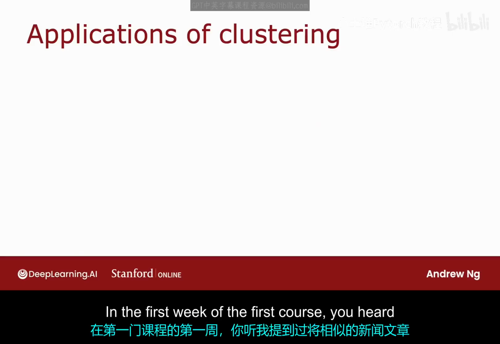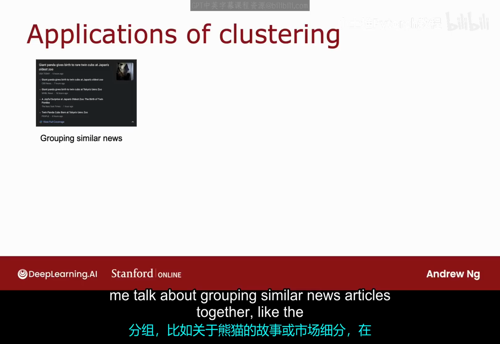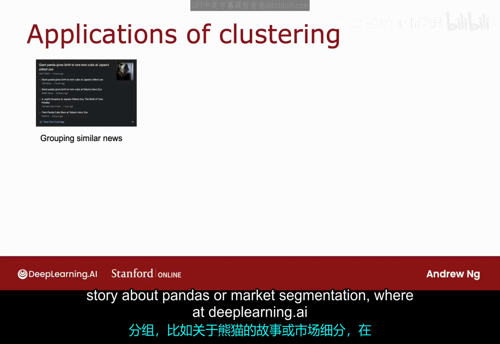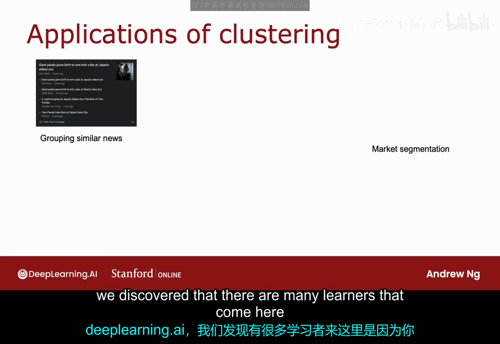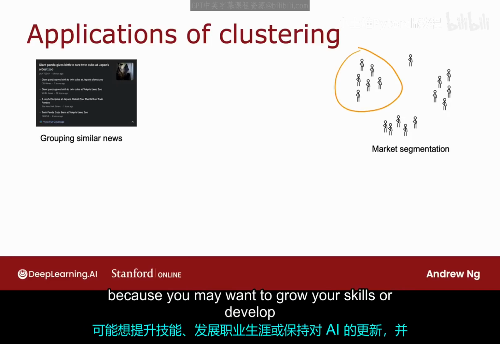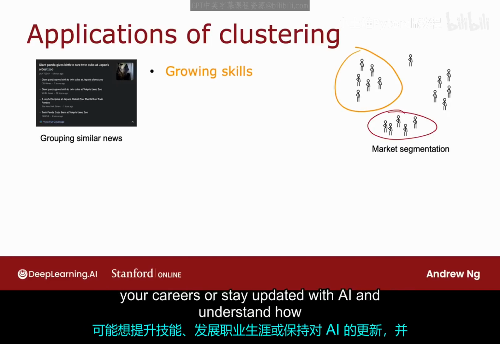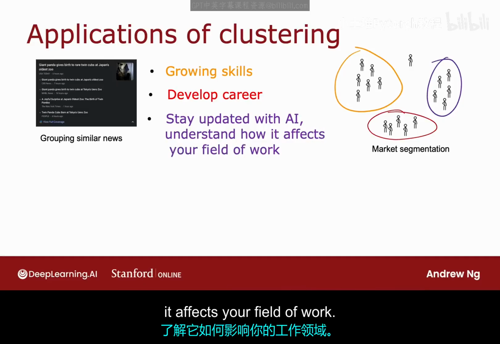Here are some applications of clustering. In the first week of the first course, you heard me talk about grouping similar news articles together, like the story about pandas, or market segmentation, where at deeplearning.ai, we discovered that there are many learners that come here because you may want to grow your skills or develop your careers or stay updated with AI and understand how it affects your field of work.